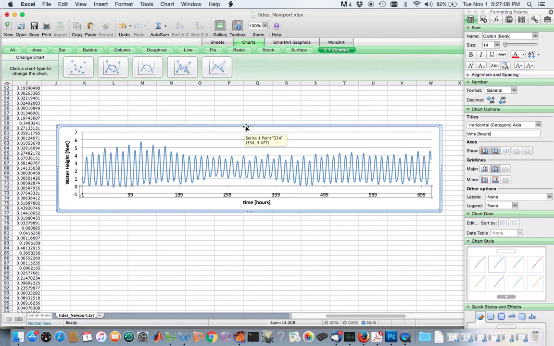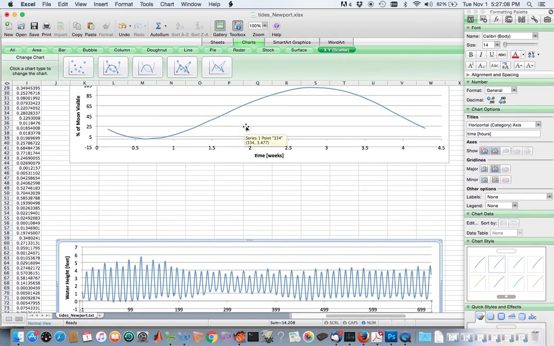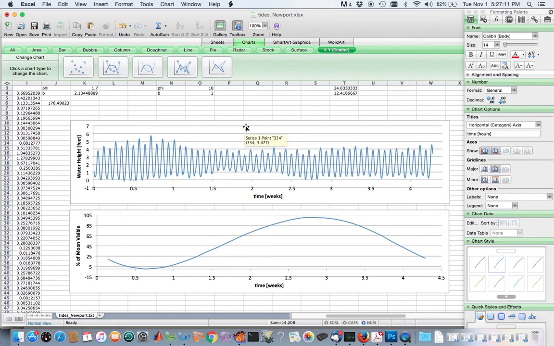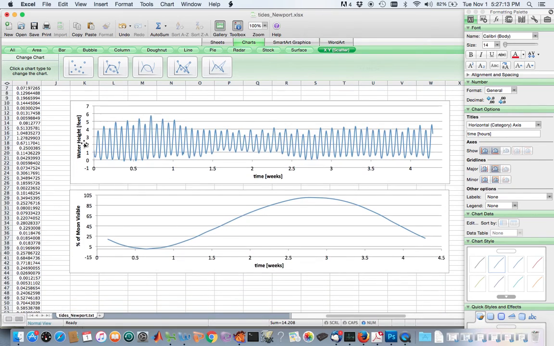Well, it has to do with the position of the moon and the earth and the sun. So if we scroll up, the same data here, but instead of plotted against time measured in hours, we have it in time measured in weeks. Okay, so we have 4 and change weeks in the month of June, and we can see that early in June, in the first week, we have this very large tidal range.